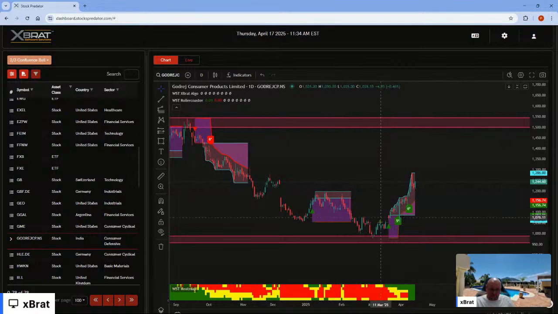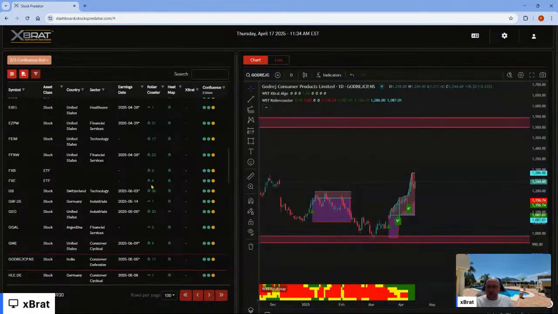That is a perfect example of coming down to test that weekly support, getting the first green arrow, getting the 5-star buy, then getting the 6-star buy, and all 6 time frames going green. That looks very, very good. Again, that should be on the radar for those that are trading Indian stocks.